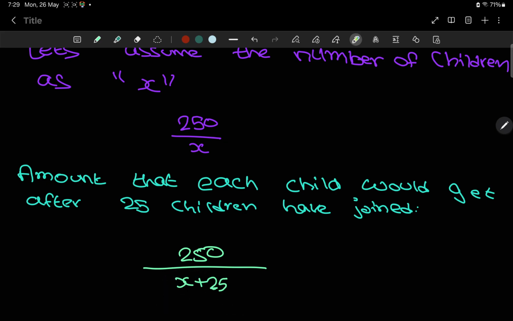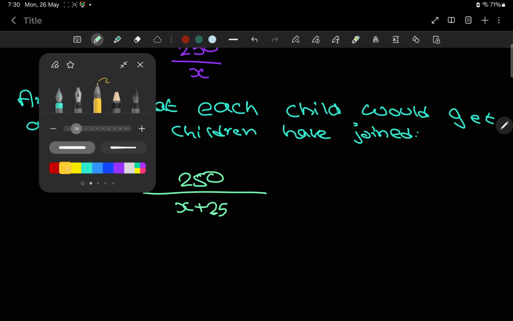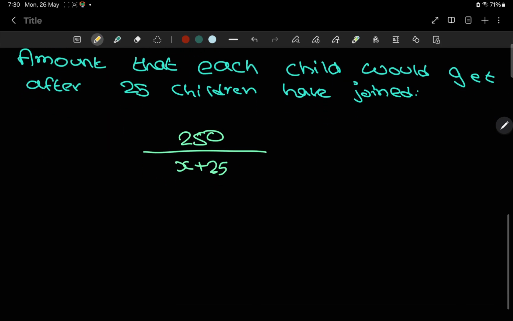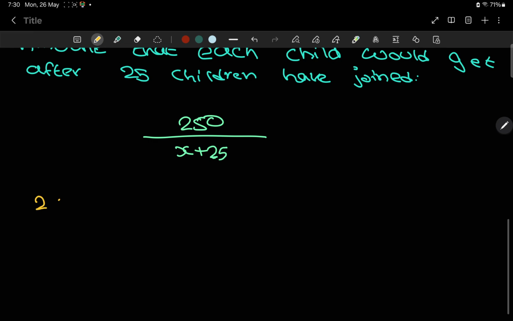So now the difference between the original and the new amount we got is 50 paise. So let's write it. 250 by x minus, because it's reduced, right? So it's the difference.